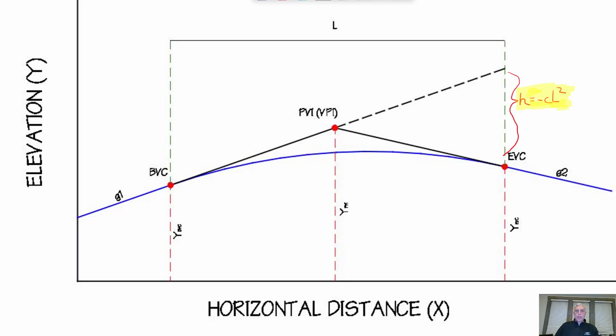How can we use that? And remember, this whole thing is motivated by getting this distance here, this elevation here, from the EVC up to the extension of G1. And this is the extension of G1.